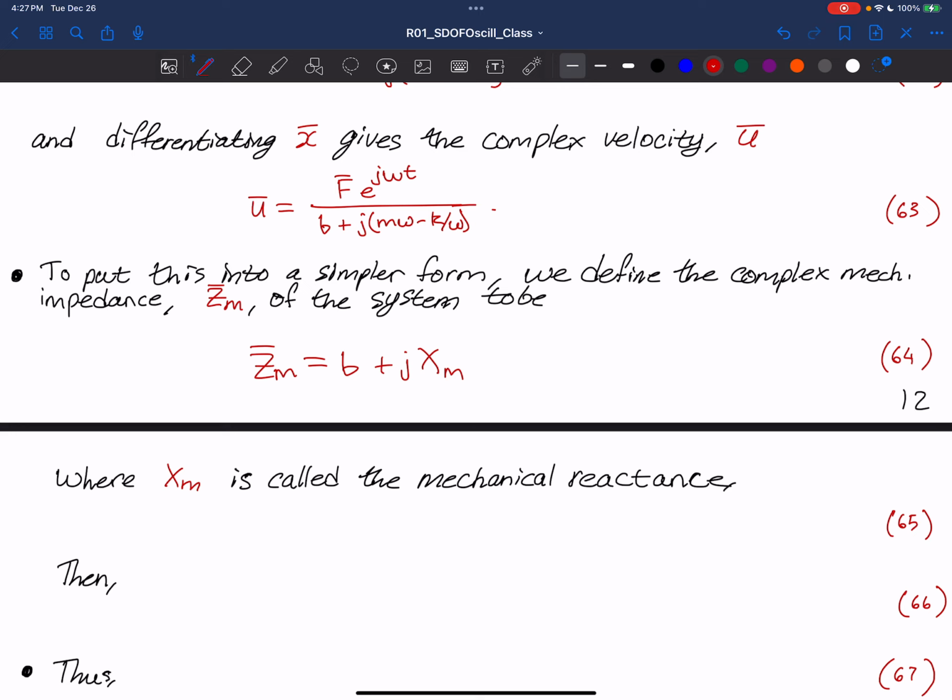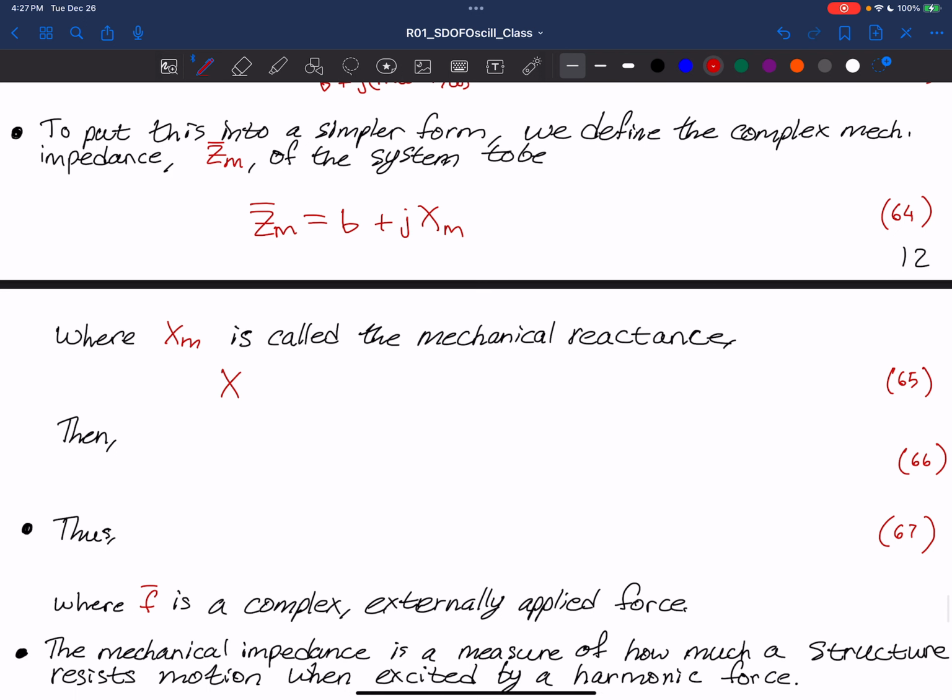And in this context, big X sub m is not the maximum steady state amplitude. In this case, it is the mechanical reactance, which is equal to m omega minus k divided by omega.